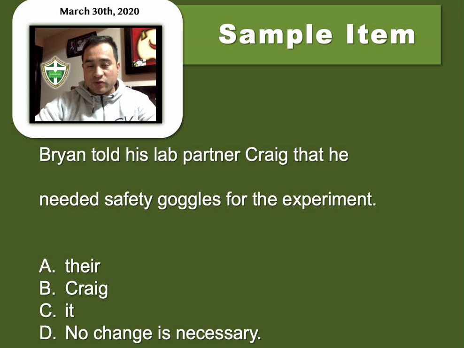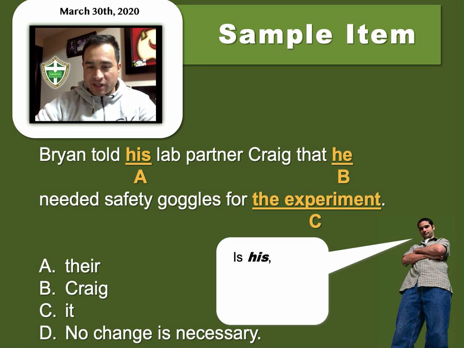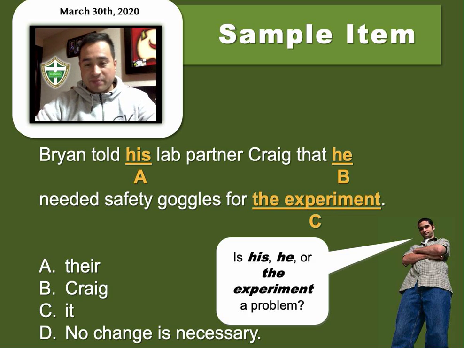So what you have to do is check what part needs to be changed. As you can see, we have three options, or a fourth one where no change is necessary. So tell me, is "his," "he," or "the experiment" a problem?